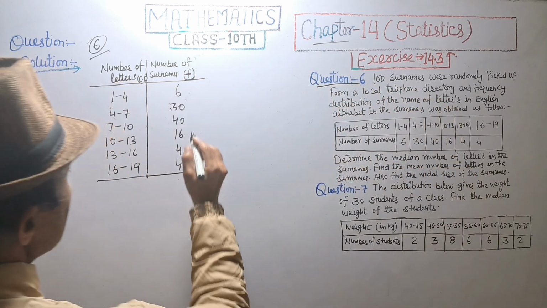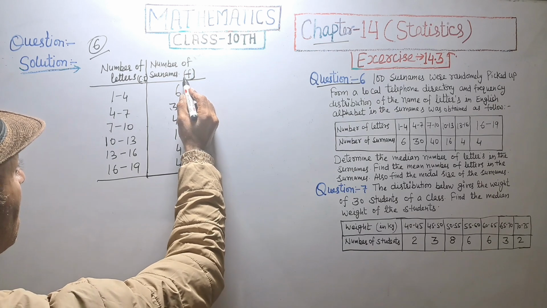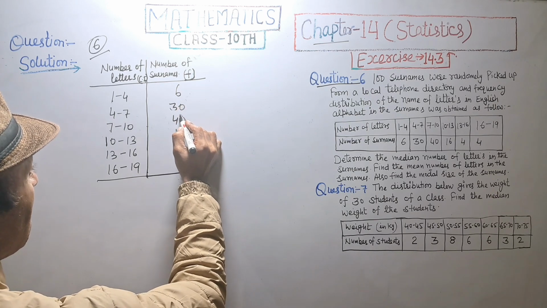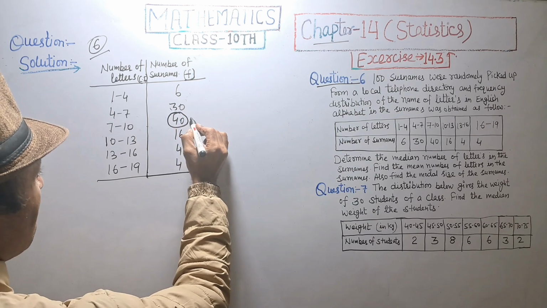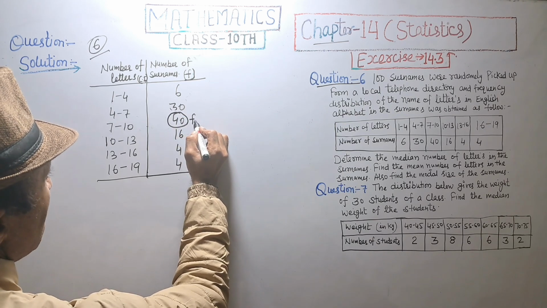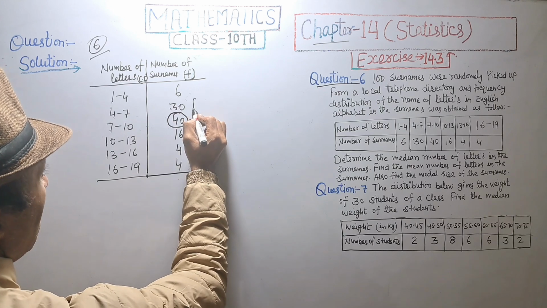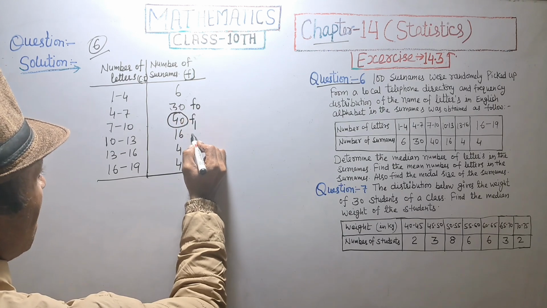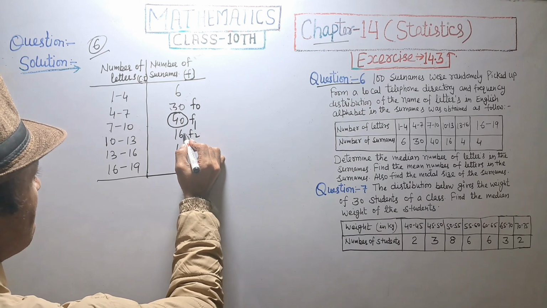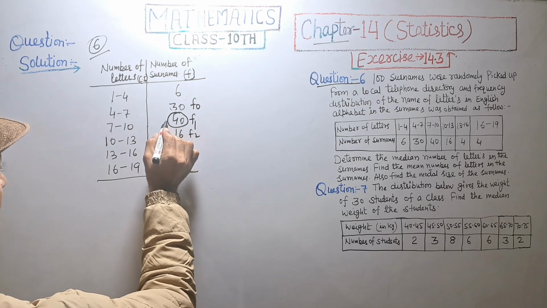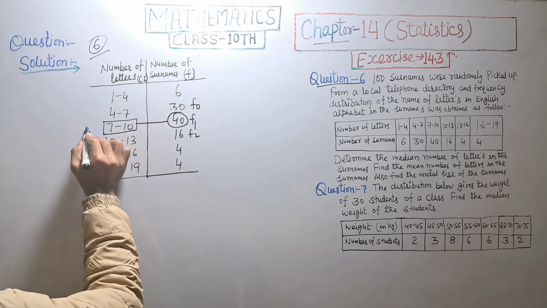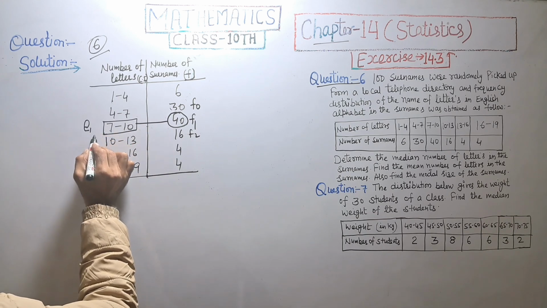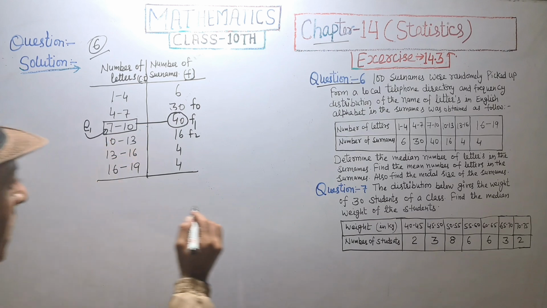We find mode. In frequency, the highest number, the greatest number is equal to 40, that is f1, and f0 is 30, f2 is 16. But in class interval, L1 is equal to 7.